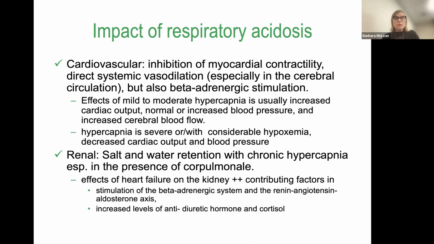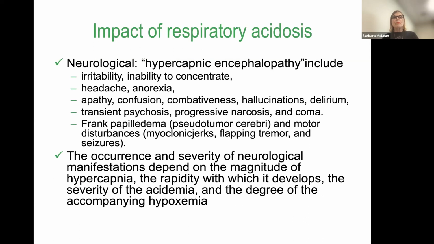Okay, and of course, what we also see in those patients, kidney failure with chronic hypercapnia or kidney dysfunction with chronic hypercapnia, is that they're going to have an increased circulating level of vasopressin and an increased circulating level of cortisol.